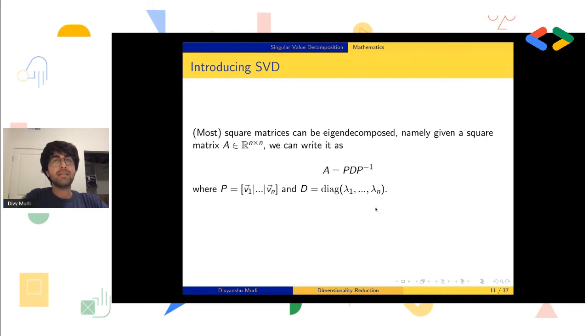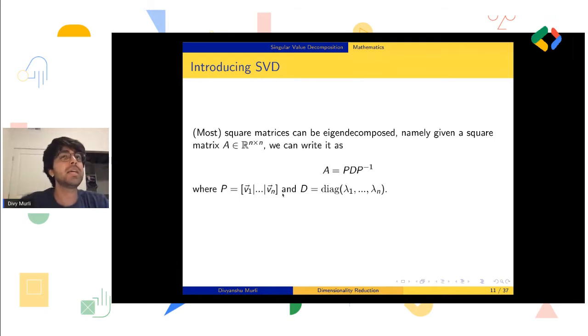In this change of basis, I can take a matrix in some random basis and go to its eigenbasis, which is a special basis, assuming that the eigenbasis does span the entire space, and that's the case for all the matrices we will study here.